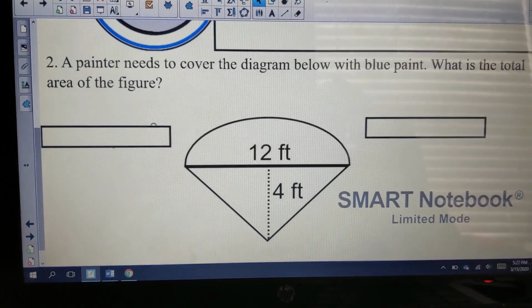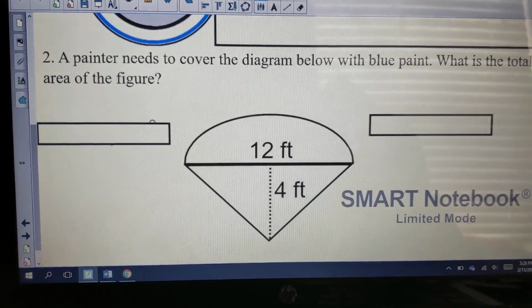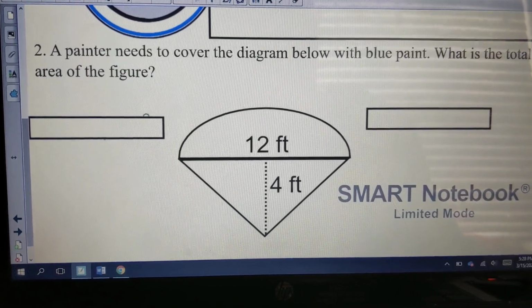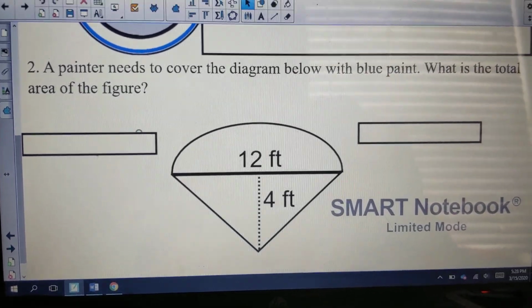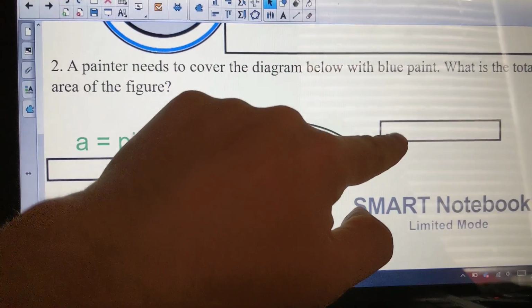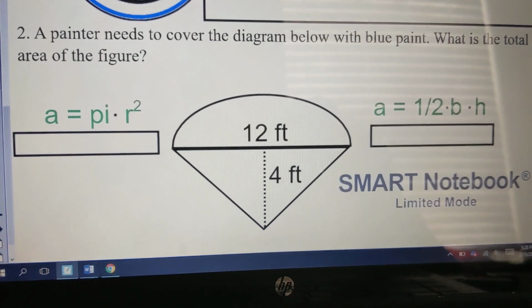When I look at this ice cream cone shaped thing, the first thing I notice is I see two shapes there. I see a triangle. And when I'm talking about covering it, I know that's area. And I know that to find the area of a triangle, I can use the formula 1/2 times base times height.